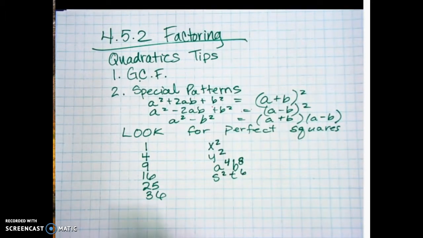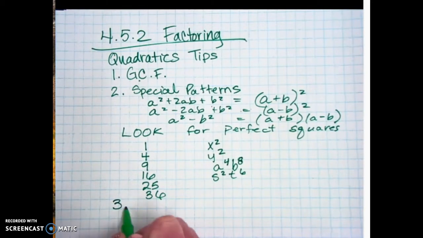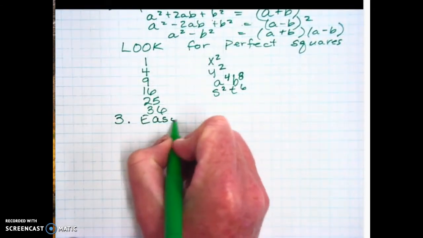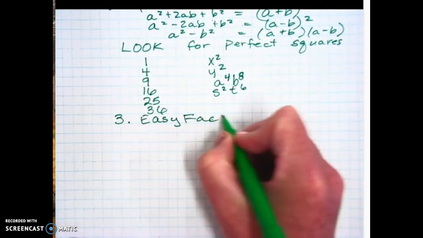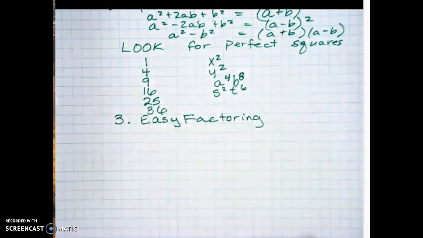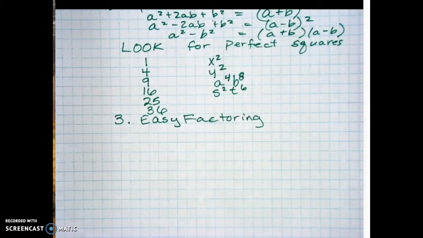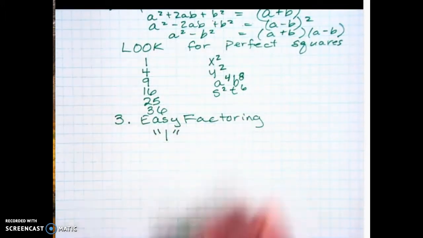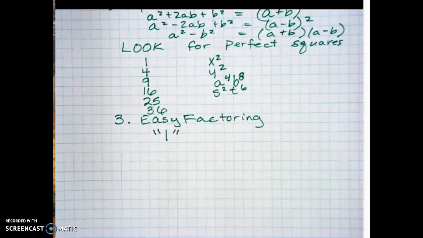All right. After you've looked for special patterns, the next thing you should look for is easy factoring. Once you've pulled out a GCF, that's basically meaning it's going to have a 1 as the leading coefficient.